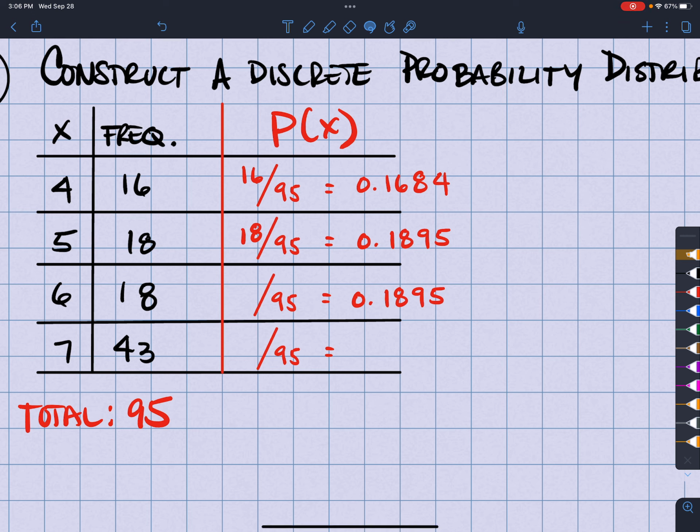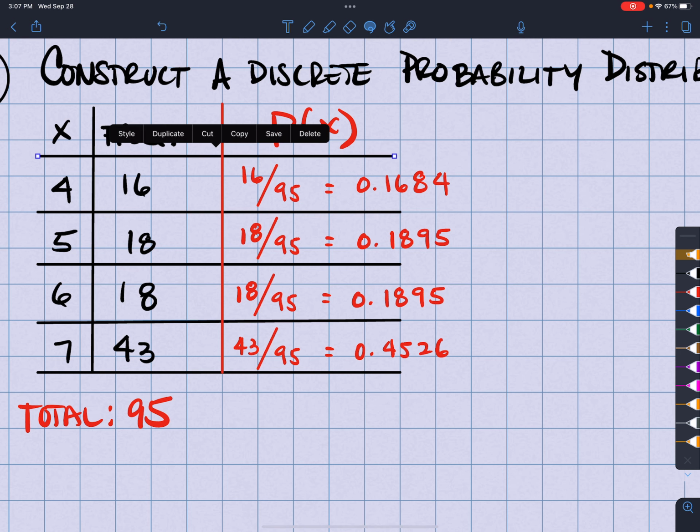And then the 43, 0.4526. Now, if I add all these numbers together, I should get a 1, right?